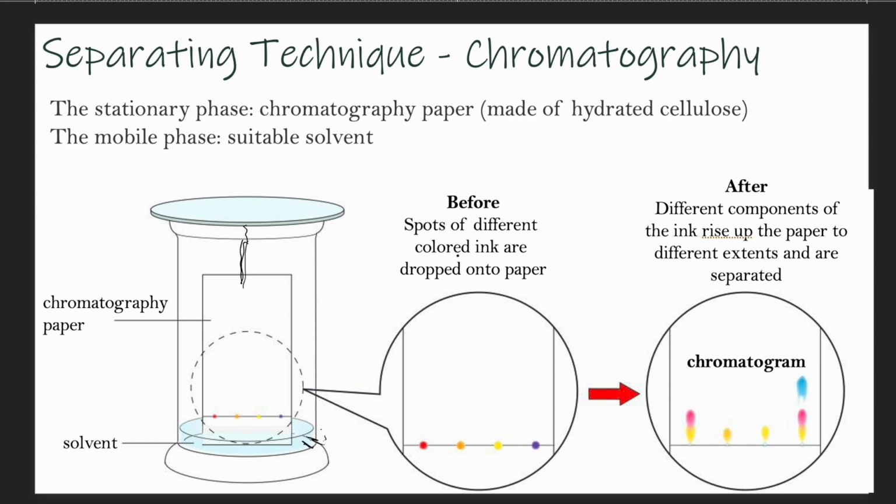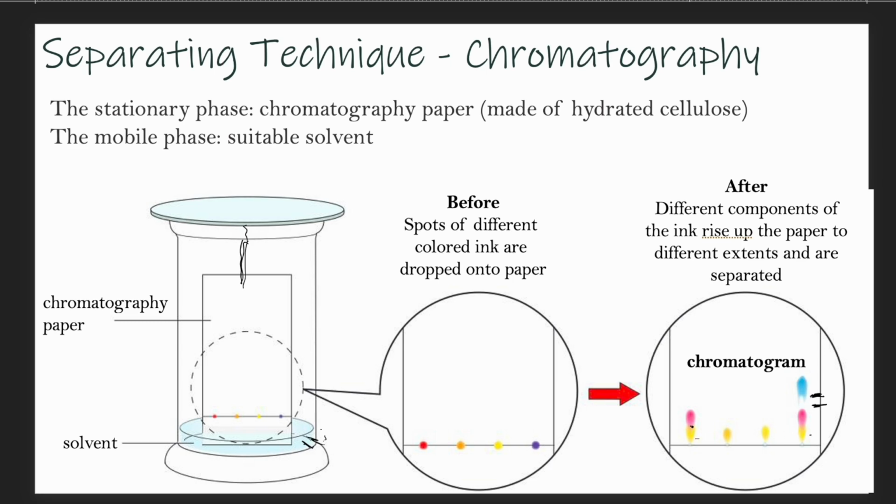So the components of the mixture move different distances, like in here, according to their relative affinities for the stationary and mobile phase. Components with the greater affinity for the solvent will dissolve more readily in it and are therefore transported further up the paper. So this one has a greater affinity for the solvent, so it travels further up faster compared to the other elements.